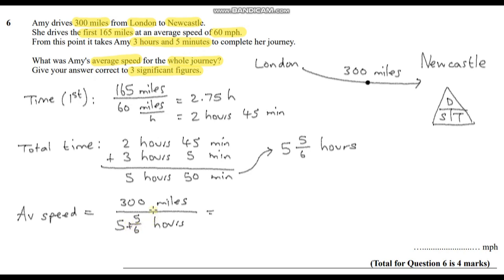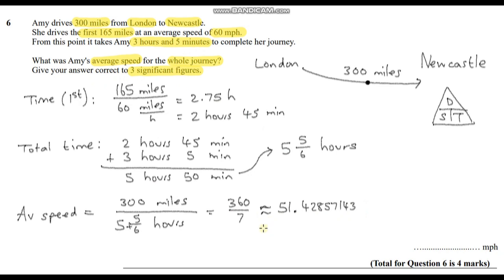And that gives us 360 over 7, or if we convert that into a decimal, if you just press the SD button on your calculator, that gives us 51.42857143. But it does say give your answer correct to 3 significant figures.